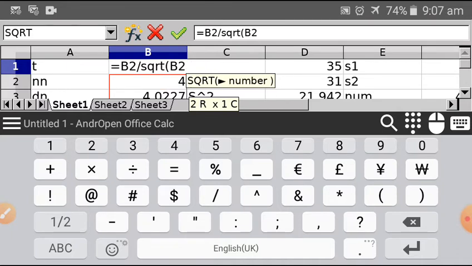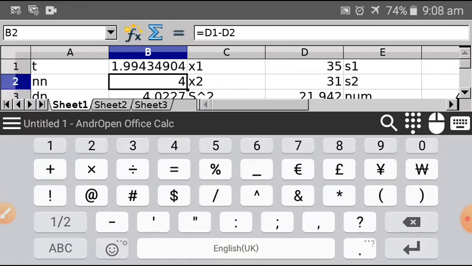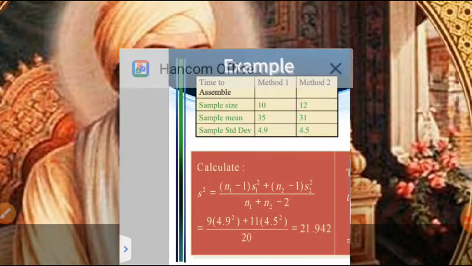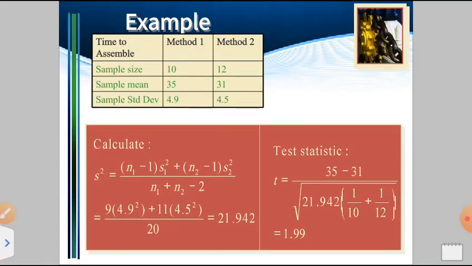Denominator is my d3, correct. Now press enter, it's coming 1.994. So this is my value of t. Let's go back and find over here, correct. It's coming as 1.994. So this is how we have calculated the t for the difference of two means.